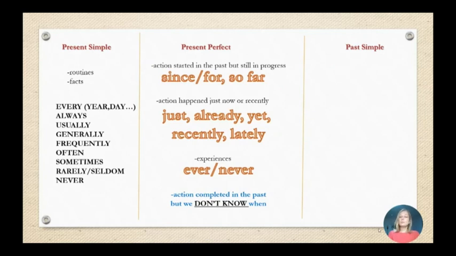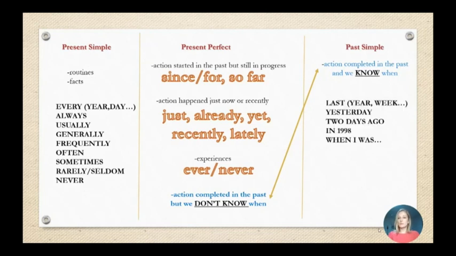Why is this in blue? Because I wanted to emphasize the difference in use between present perfect and past simple, both for actions completed in the past. We use both present perfect and past simple for completed actions, but the difference is we use past simple when we know when the action happened, and we use present perfect when we don't know when it happened.